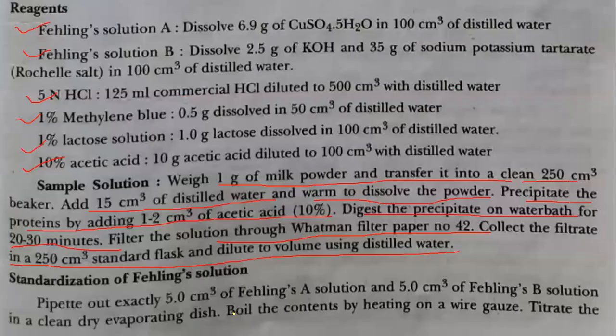So what actually are the reagents? Fehling's solution A, that is copper sulfate pentahydrate. Fehling's solution B, where KOH and sodium potassium tartrate are mixed together. Then 5 normal HCl, 1% methylene blue, 1% lactose solution, and 10% acetic acid.